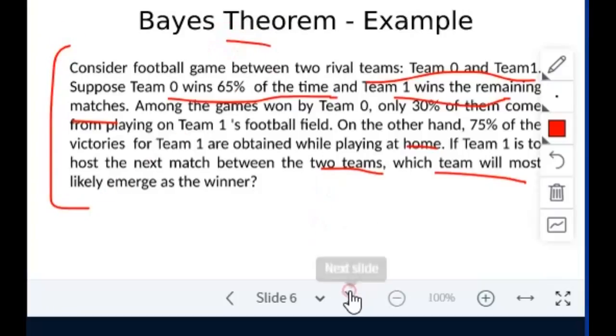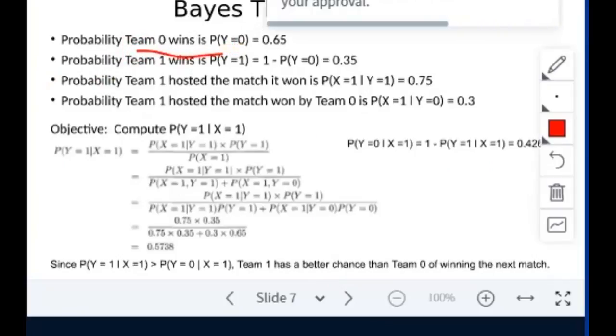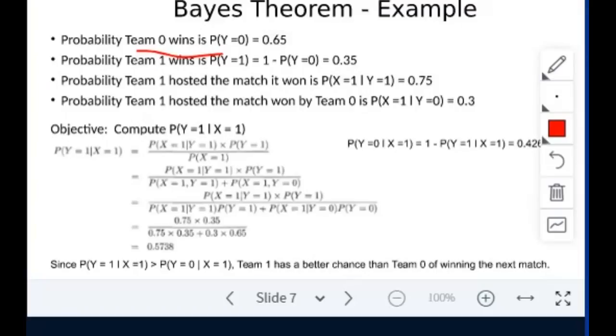Probability. Let us say the probability of Team 0 winning is P(y=0). What do we get? 0.65, that is 65%.